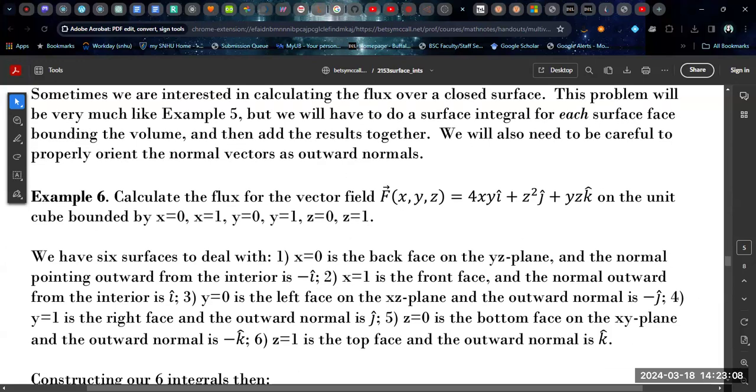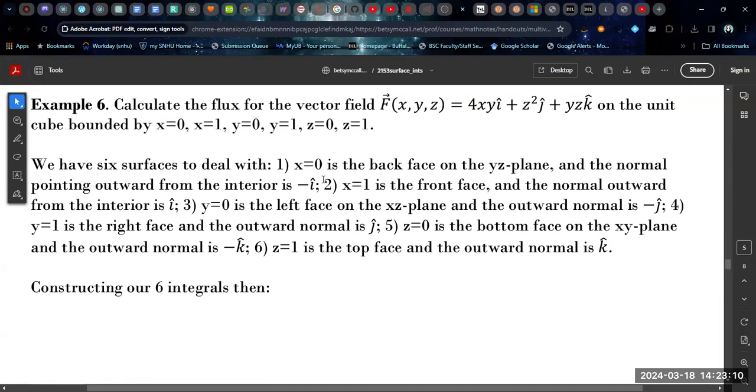Now this gives us 6 surfaces to deal with. X equals 0 is the back face on the yz plane, and the normal vector pointing outward from the interior is minus i. X equals 1 is the front face, and the normal outward from the interior is i.